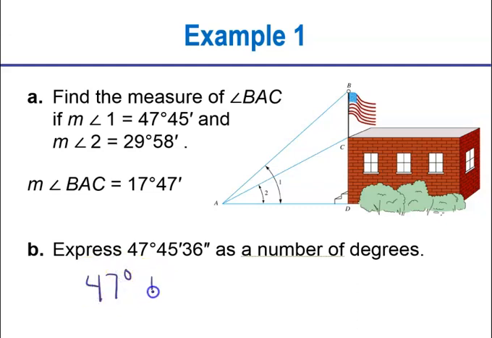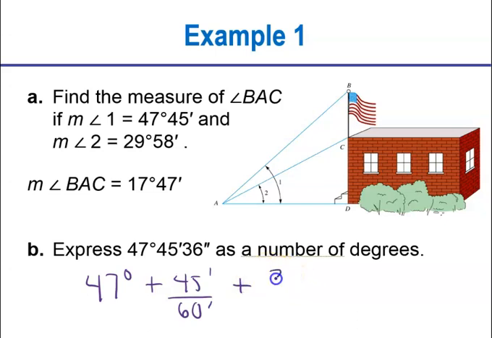And we're going to add that to, now how do we change 45 minutes to degrees? Well, remember, there are 60 minutes in 1 degree, so we know this is less than a degree. We're going to take that 45 minutes and divide it by 60 minutes, and that's going to change it to degrees for us. What about the seconds?